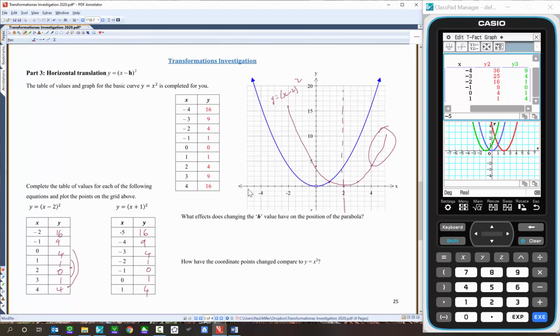All right, like -5 is over here, and 16. -4 and 9, -3 and 4, -2 and 1, -1 and 0, 0, 1, and 1, 4.